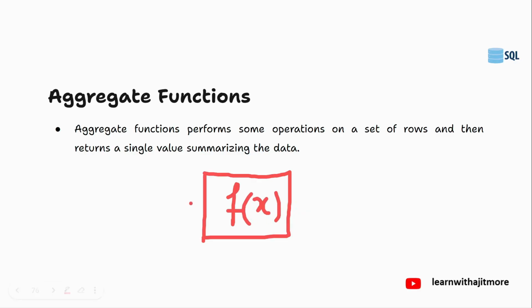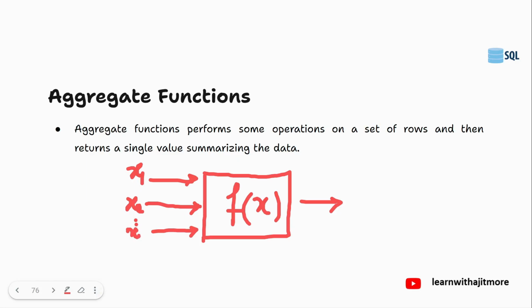I try to bring everything in mathematical form because I'm more fond of it, and my teachers were also like that. They used to teach everything ultimately on the mathematical model. Okay? So it takes input as x1, x2, dot, xn, and then it summarizes all these values and produces one single value as output.